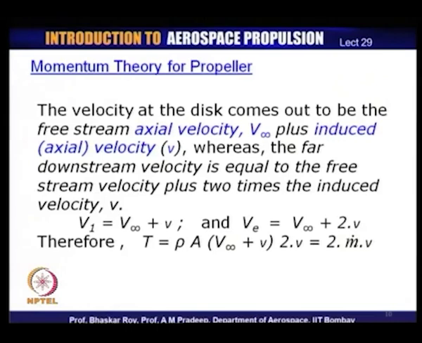This induced velocity is the average of the two, as a result of which we can now write down that the thrust of this actuator disc, which is modeling a propeller, is rho A into (v infinity plus small v) into 2 into small v, and that would be equal to twice the mass flow into small v. So, that is a very simple, neat way of writing what the thrust of a propeller would be, which is being modeled by this actuator disc.